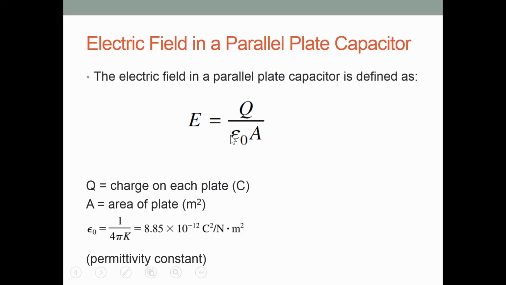And that's the permittivity constant. That has to do with what is inside the capacitor. And the permittivity constant is going to be, for just a standard capacitor, this value, which is on your equation sheet also, so you don't need to learn it.